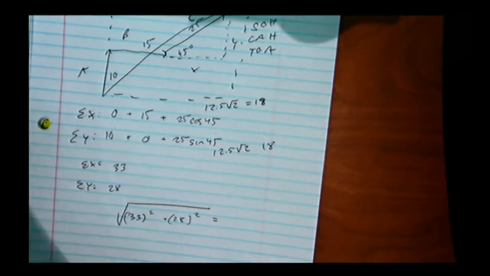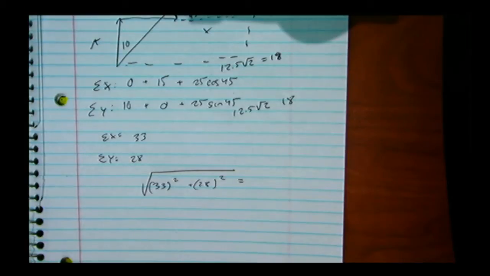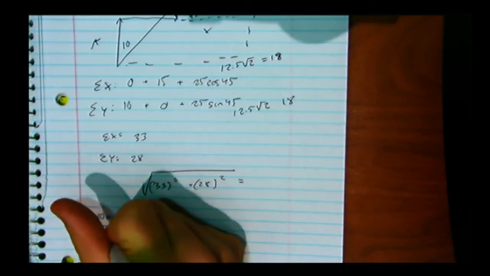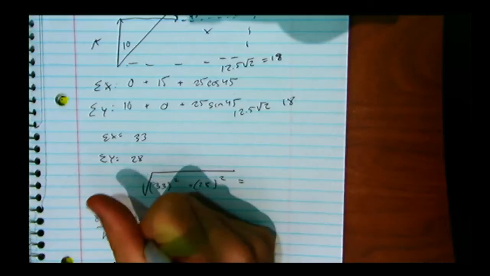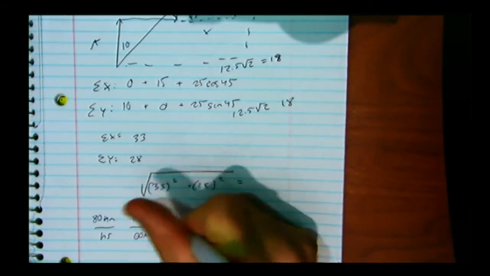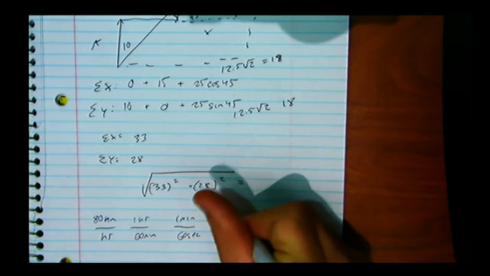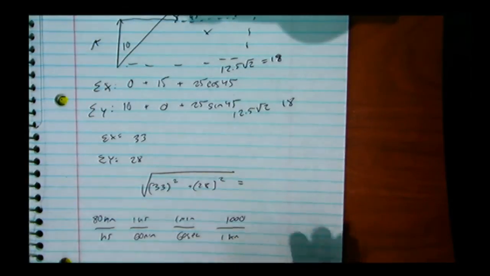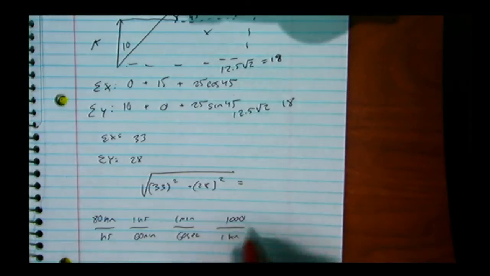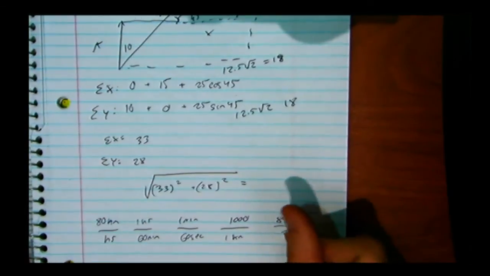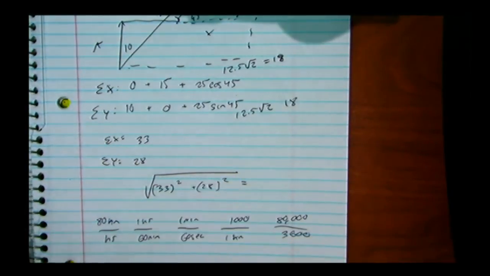So you just multiply across, and that's how you get that answer, which is 80,000 over 3600. All right, so anybody work that out?